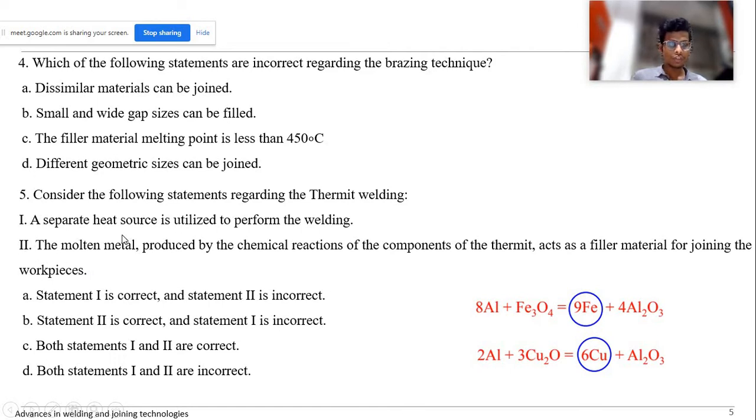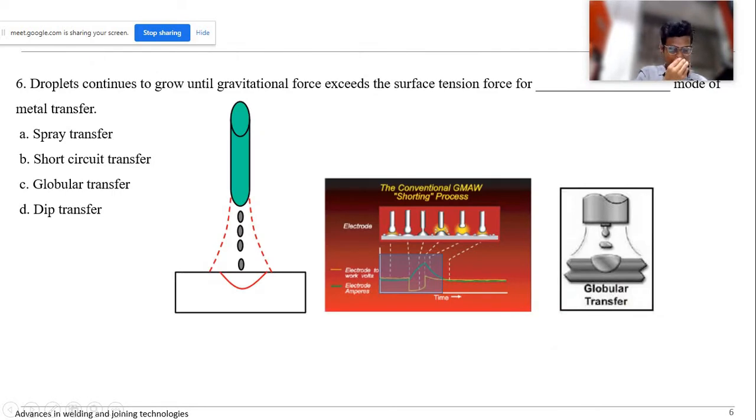And here we are not using any separate power source. This exothermic reaction is used for generation of heat. So statement 1 is false. So option B: statement 2 is correct and statement 1 is incorrect. I hope I made it clear. I'll go for the next question.